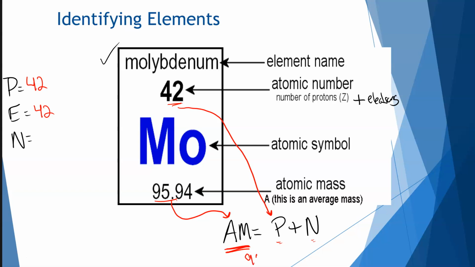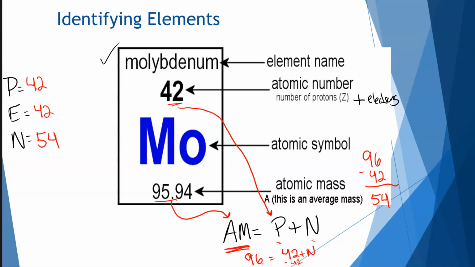So that's 96 equals 42 plus n, solving for n. So we subtract 42. 96 minus 42 is going to be 54. So our number of neutrons in this case is 54.